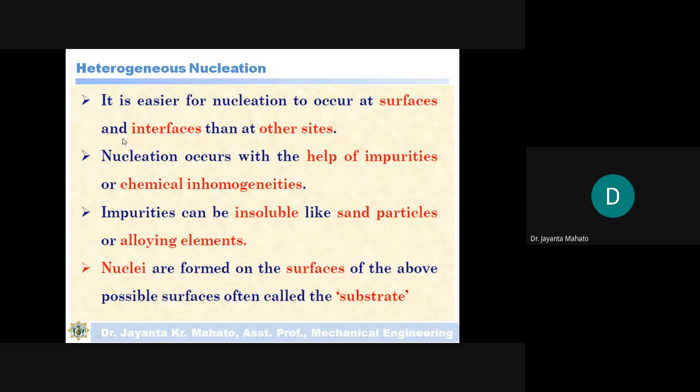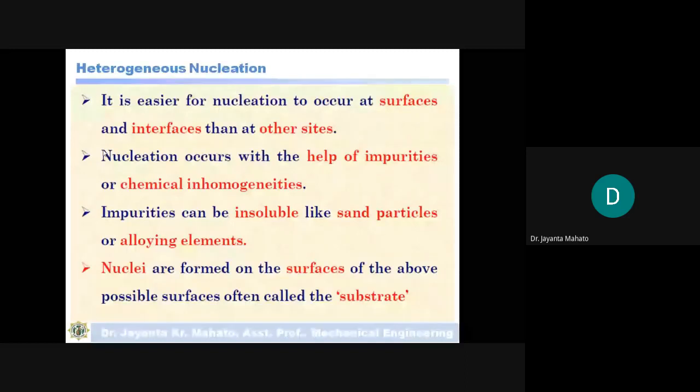Nucleation occurs with the help of impurities or chemical inhomogeneity. If there is a chemical inhomogeneity, like iron and carbon, then heterogeneous nucleation will occur. Impurities can be insoluble, like sand particles, or alloying elements.